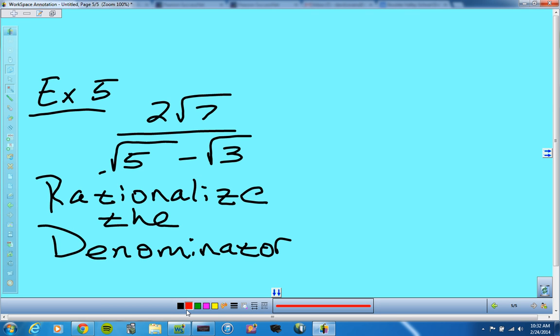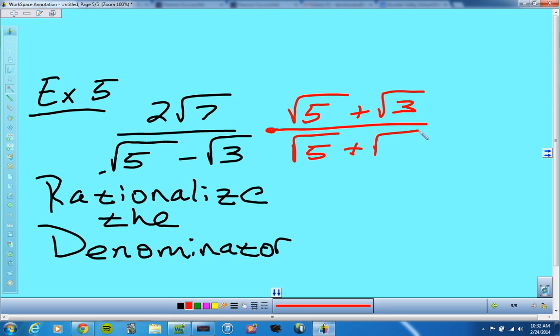So Stephanie, what's the conjugate? Switch the sign in the middle, that's all you got to do. Square root of 5 plus square root of 3 over square root of 5 plus square root of 3. So we're going to treat this and just distribute the 2 root 7 into the parentheses.